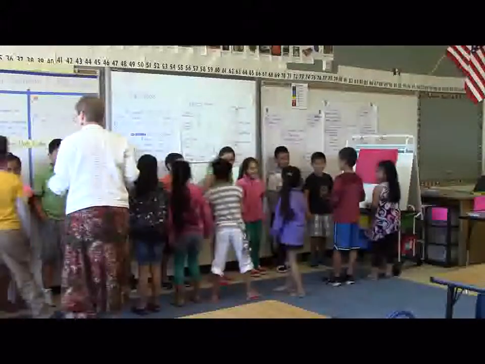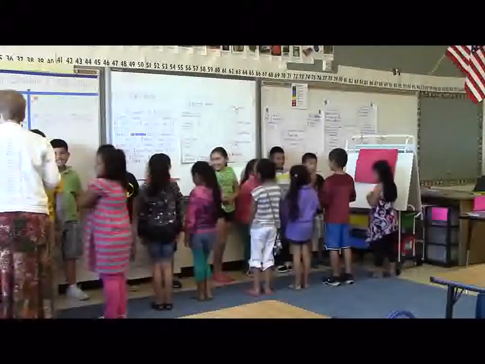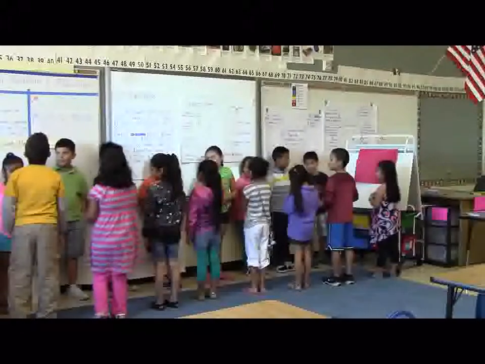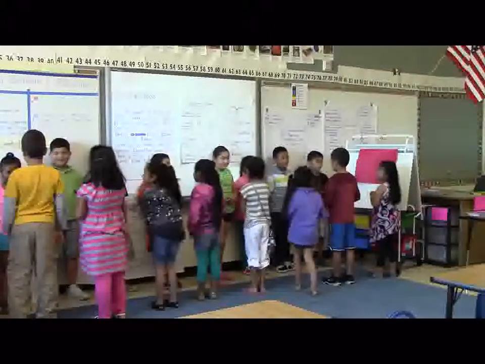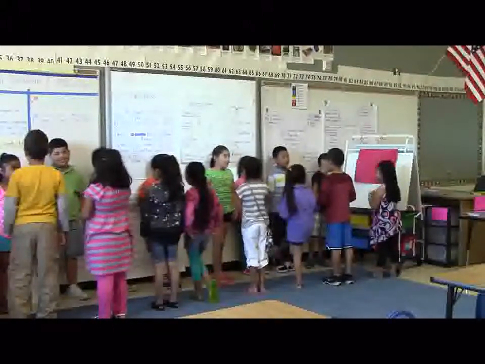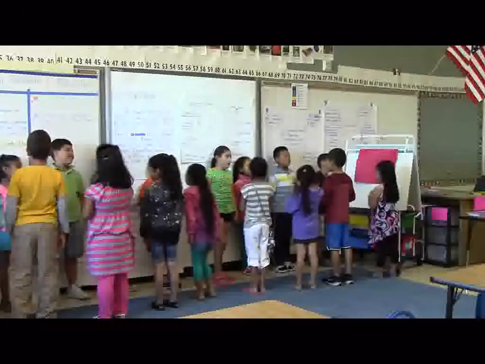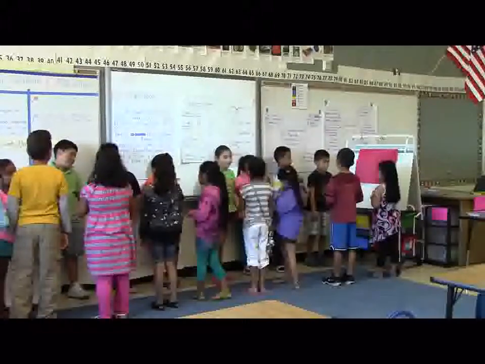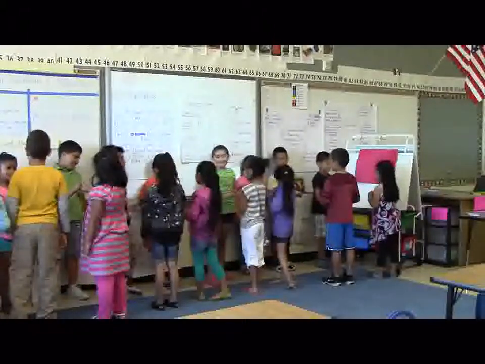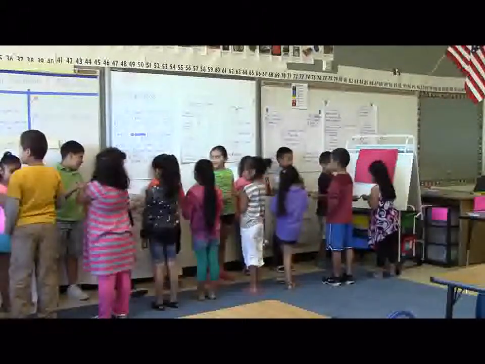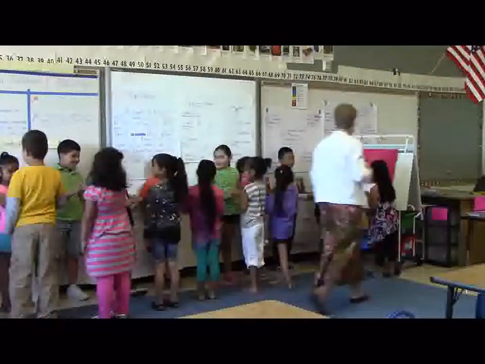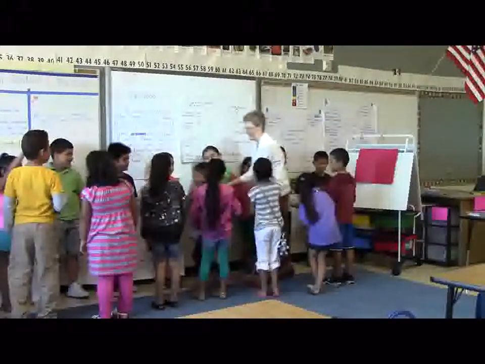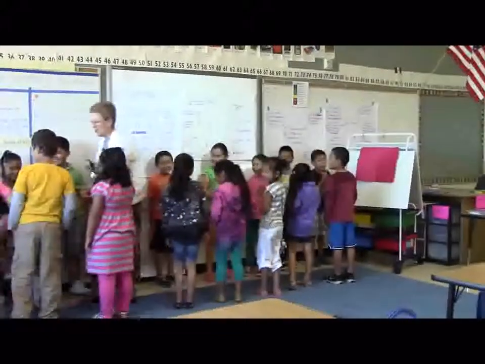Find your new partner. All right. Let's do the questions. Here we go. Ready? Go. The little red hen is. Touch fingers. Very good. All right. Go down the center. You all have a new partner.